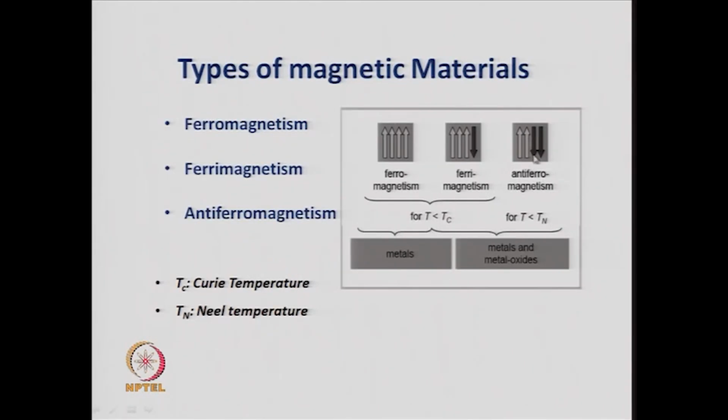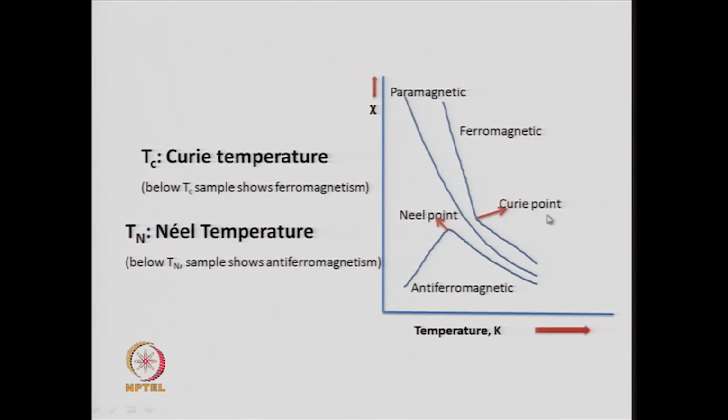When they exactly oppose each other, that happens below T N, and that is why this temperature is called the Néel point. Then the magnetization will go down, because the more you lower the temperature, the more magnetic dipoles will start aligning opposite to each other, and that will cause a lowering of the magnetization or the magnetic susceptibility. So, this plot more or less explains the three different types of important magnetic ordering.